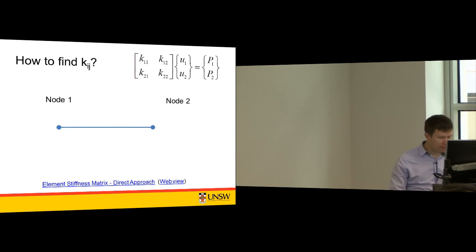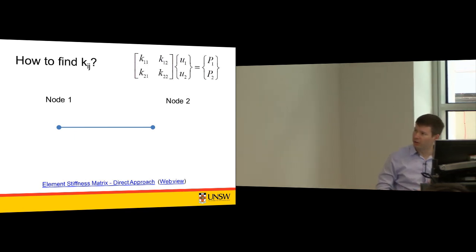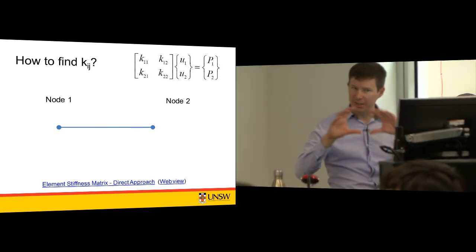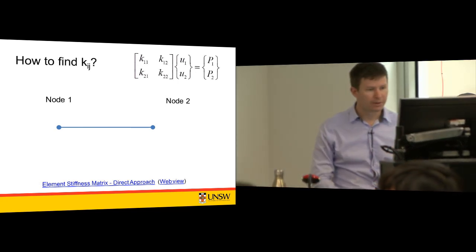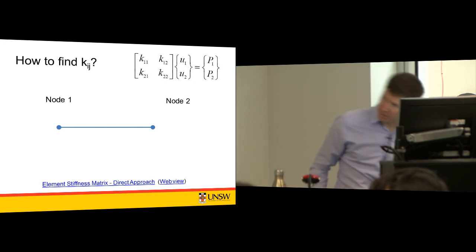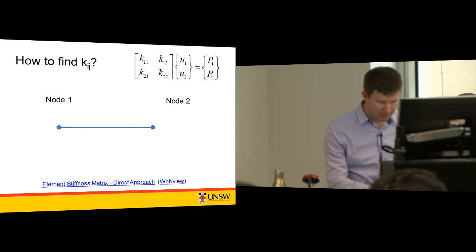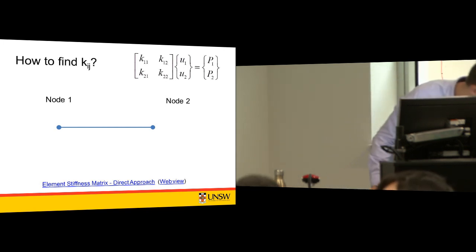What we're going to end up with is this equation in the top right-hand corner. We're going to have some K value, right? K represents our stiffness, relating our U values, which are our displacement values, to our force values P. Okay? And I'm going to do that in one node.